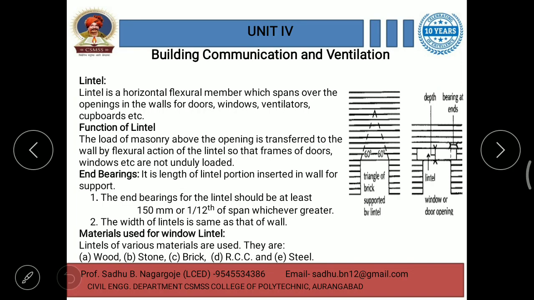Hello friends, the next point from building communication and ventilation is lintel.